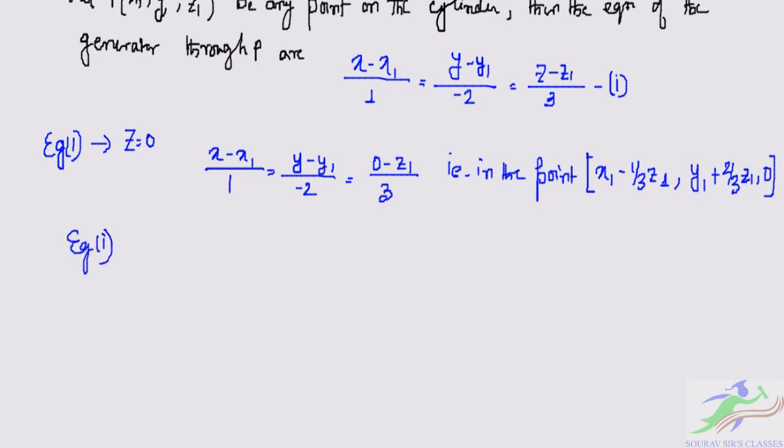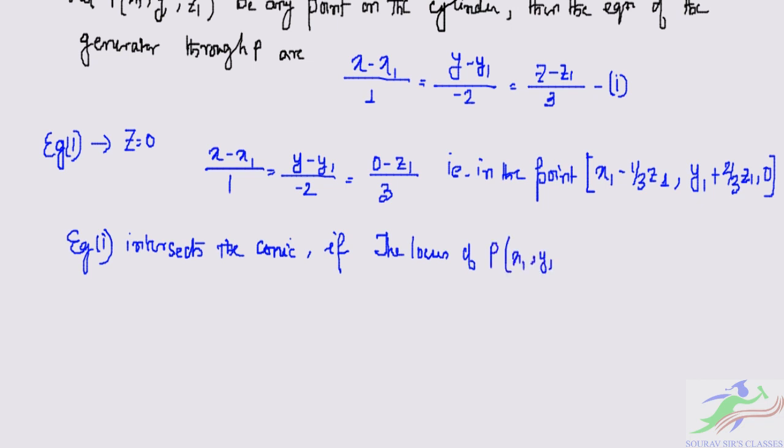So this generator, that is equation 1, intersects the conic if the locus of P, with coordinates x1, y1 and z1, is the required equation of the cylinder.